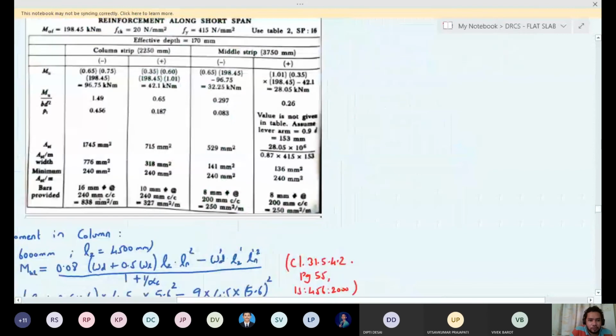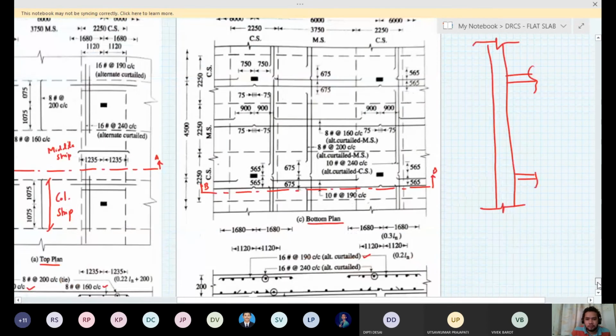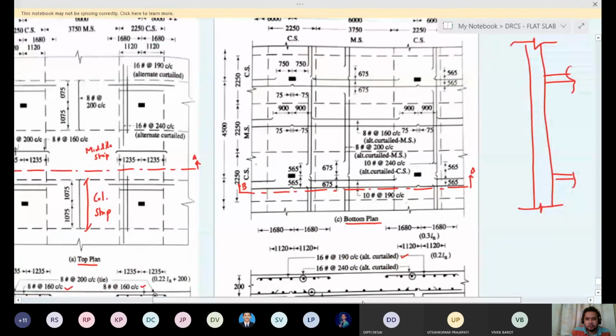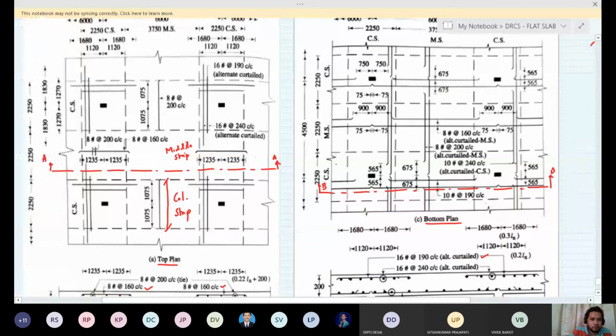Along the short direction we have provided 16 dia at 240, in the column strip. Negative means it is in the top, and this is in the bottom, 10 dia 240. So the reinforcement, the one going in this direction, that you have to check.